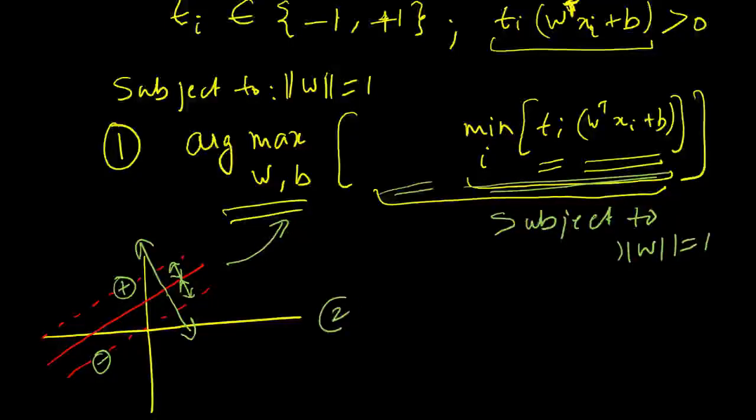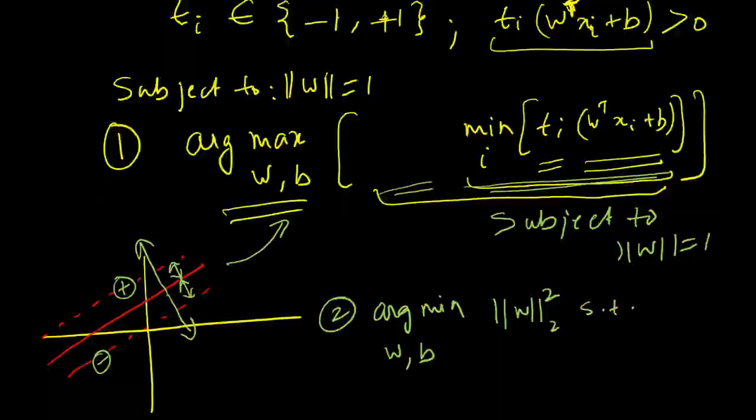The second way of saying this, doing the same job, is to say I will do the arg min over W and B, right, of mod of W square, okay, such that Ti times W transpose xi plus b is greater than or equal to 1 for all i.